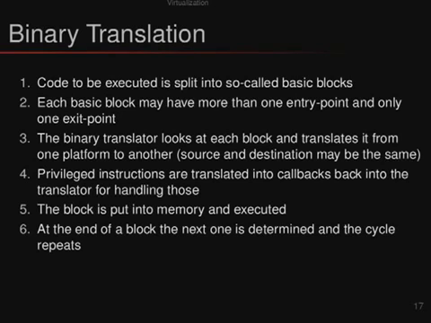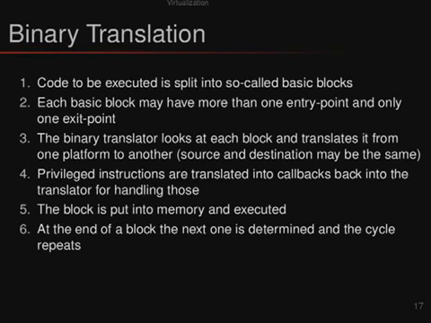It looks at the code and it translates it from a source platform to another destination platform. It can be the same, but it doesn't have to be the same. And all the privileged instructions are just replaced with callbacks, basic function calls back into the binary translator, where it is then handled and the behavior is emulated.